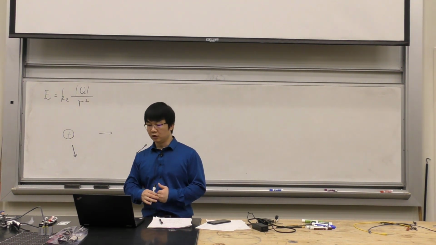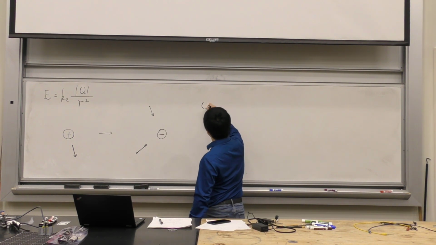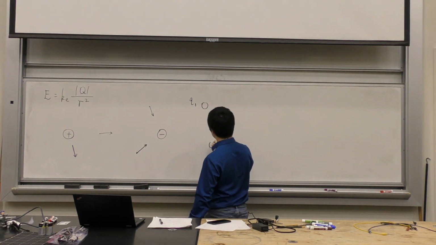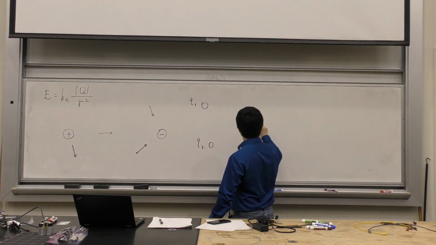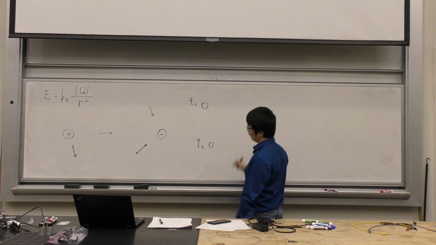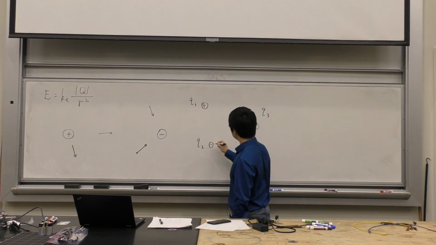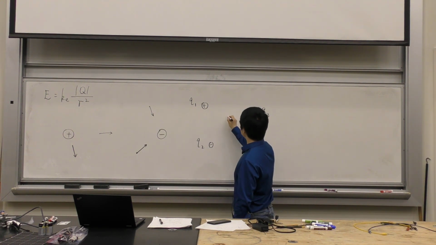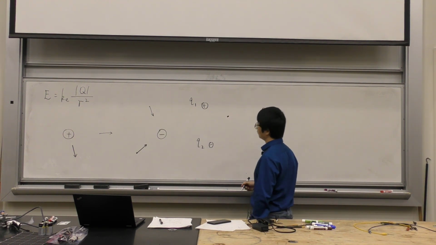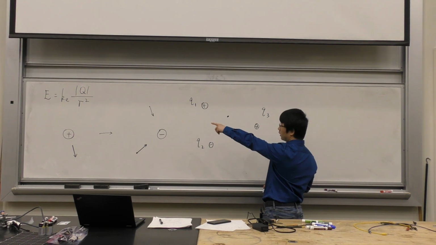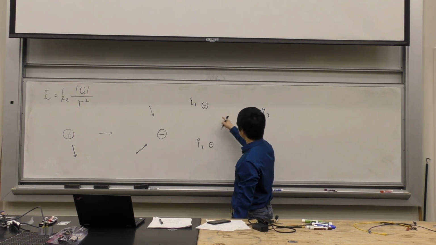So for example, if I have Q1, Q2, Q3, a positive source, negative, positive, and I want to find the electric field at this point, what do I do? Use that theory. Find the magnitude at this point created by Q1, Q2, and Q3.